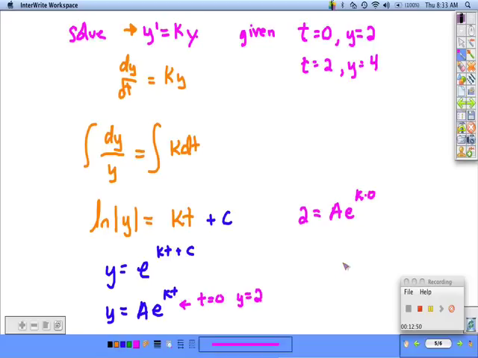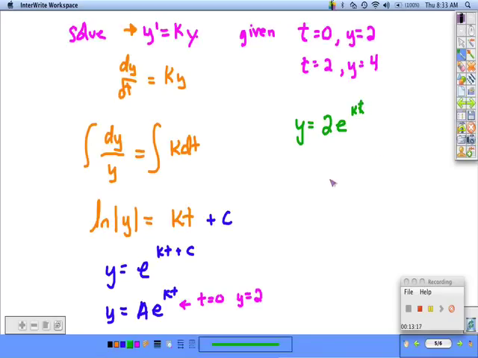Well, anything to the 0 power is 1, so we're able to find out that a is 2. So our differential equation has become y equals 2 e to the kt.